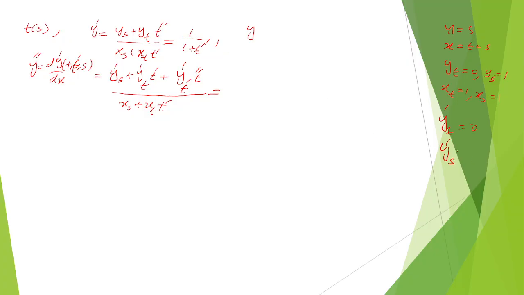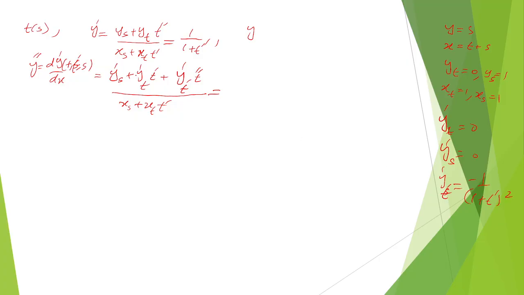Y dash s is 0 and y dash t dash gives me minus 1 over 1 plus t dash square.